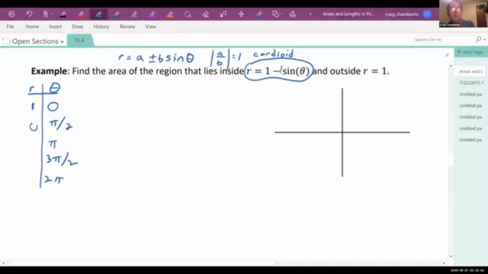So r goes to 0. You're at the pole. Doesn't matter what theta is, if r equals 0, that point is at the origin. If you plug in pi for theta, sine of pi is 0, so you get 1 for r. For 3 pi over 2, the sine of 3 pi over 2 is negative 1, and you'd be subtracting a negative 1 from 1, so that would actually be 2, wouldn't it? And if you plug in 2 pi, you'd be back to an r value of 1.